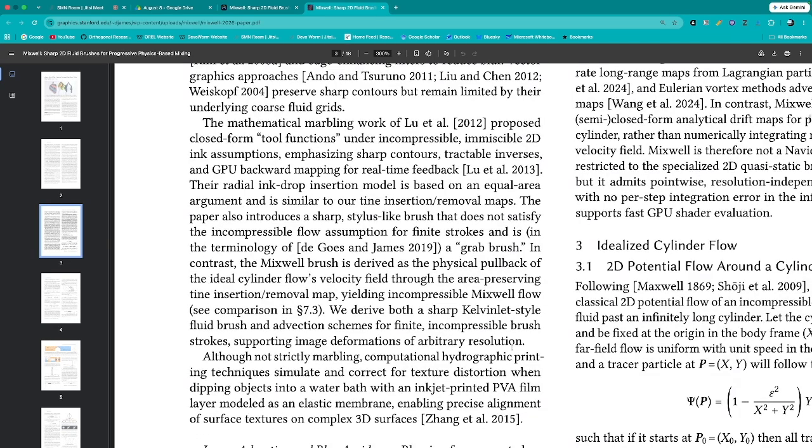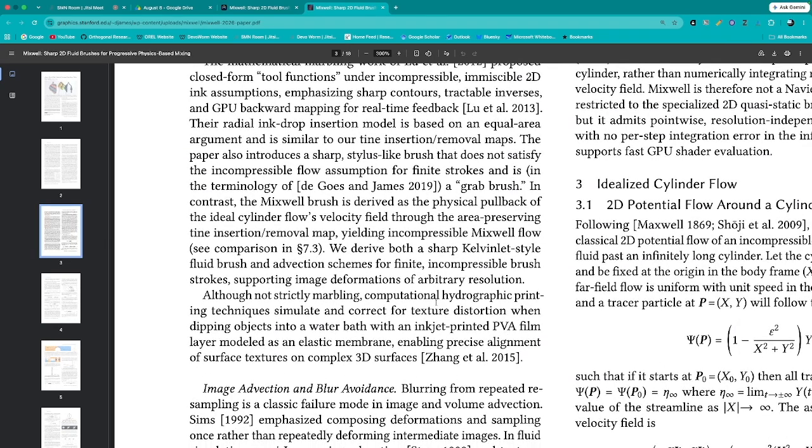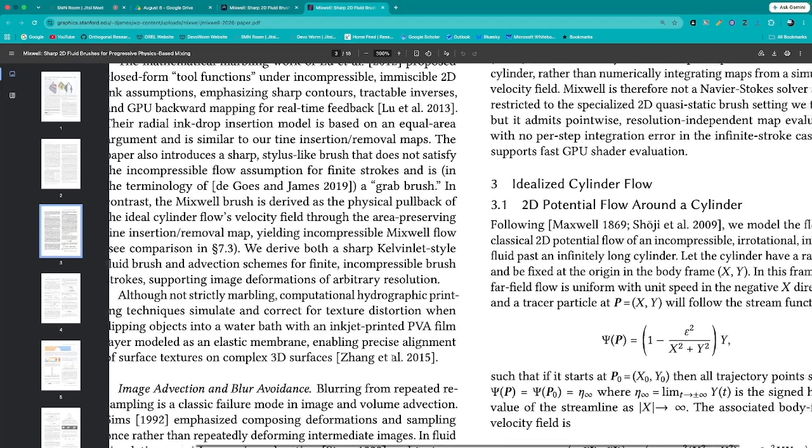And of course, they also have computational hydrographic printing techniques that can simulate and correct for texture distortion when dipping objects into a water bath with an inkjet-printed PVA film layer modeled as an elastic membrane, enabling precise alignment of surface textures on complex 3D surfaces. This is interesting work, going beyond just generating things on a computer screen. We can actually print out the patterns using different methods.